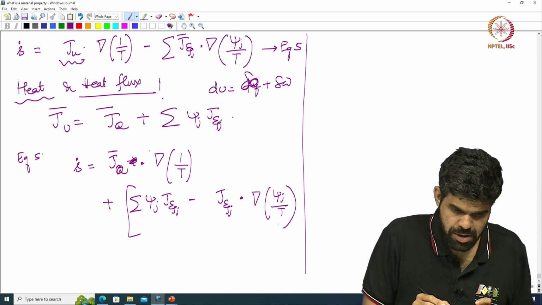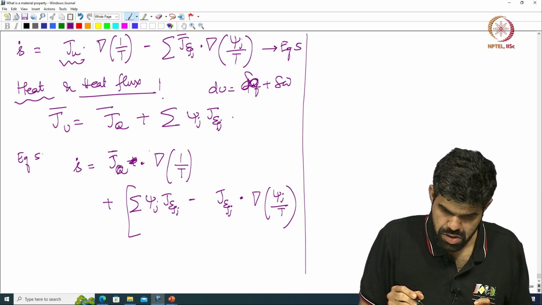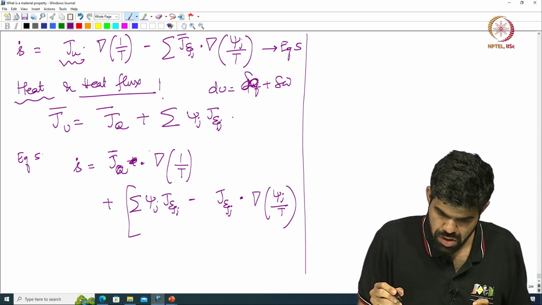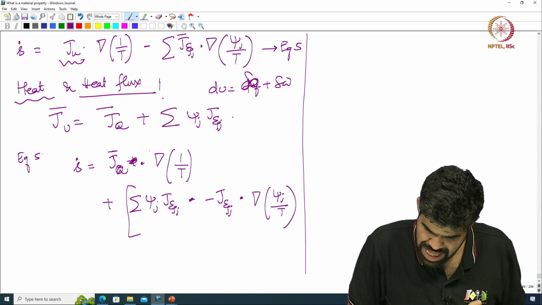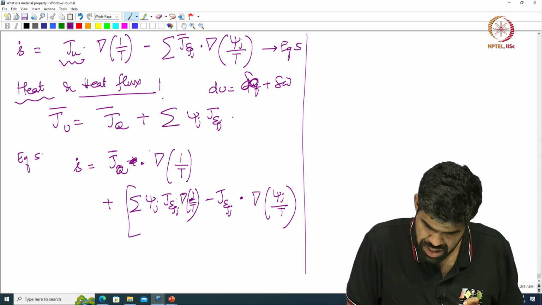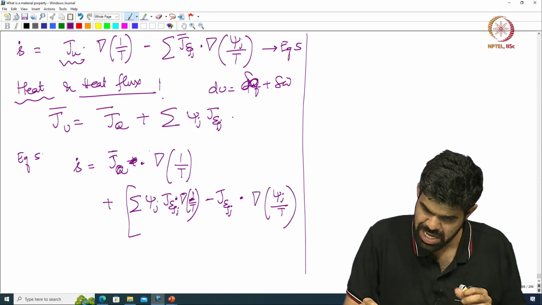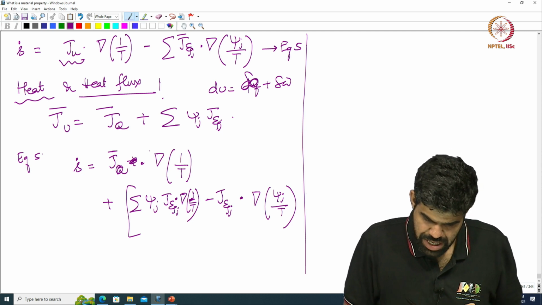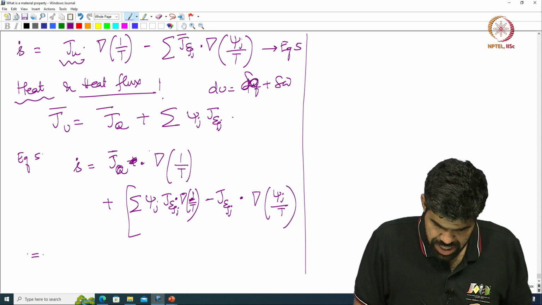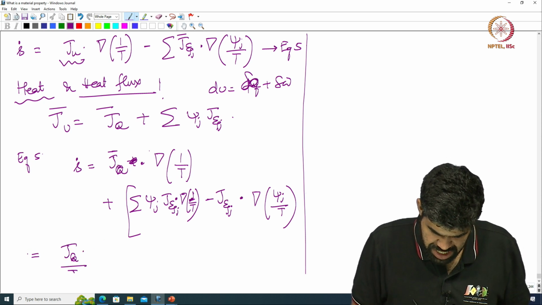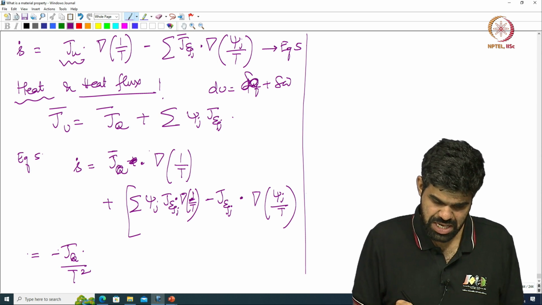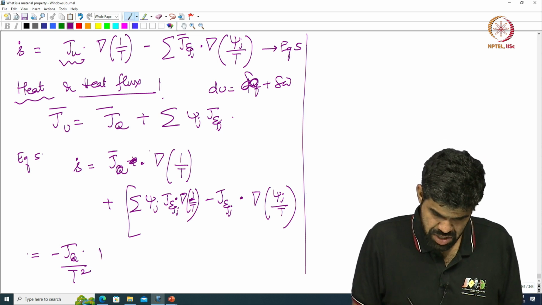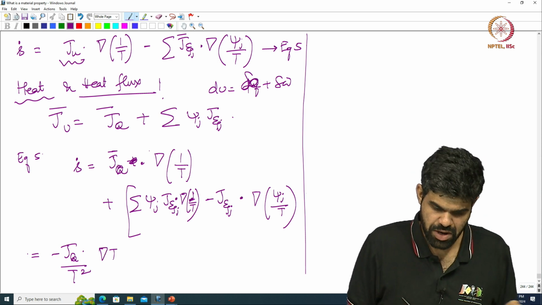So there is going to be a gradient of 1 by T here, sorry. So this dotted with the gradient of 1 by T, this dotted with the gradient of psi j by T. Okay. So that will just be equal to J q times 1 by T squared, right, so minus of this, and I am just going to write it as gradient of T, okay.